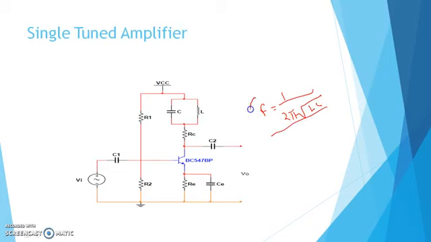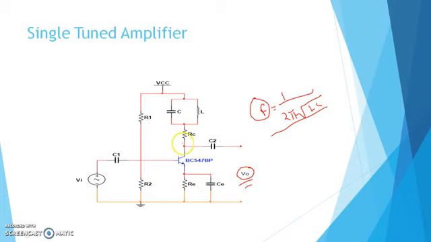Only this frequency value will pass to the output side. At that frequency the gain will be very high for this configuration. As a result we get the output at only that frequency, and all other frequency components will be rejected by this circuit.